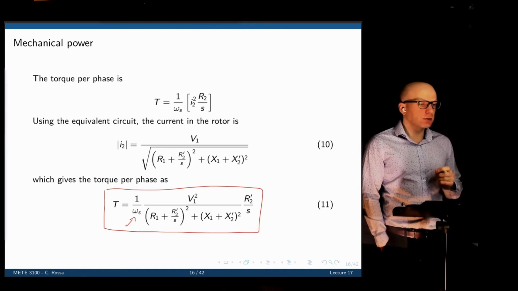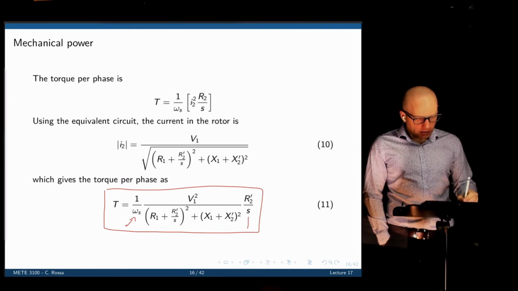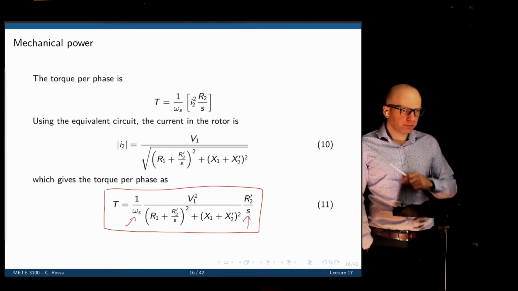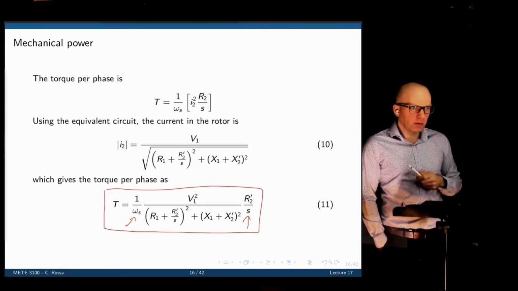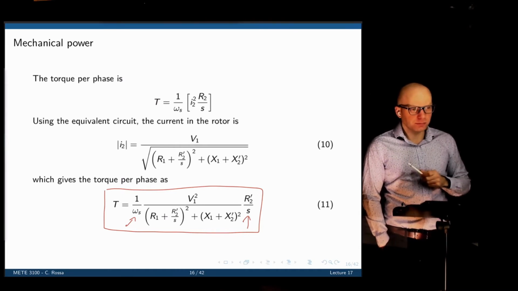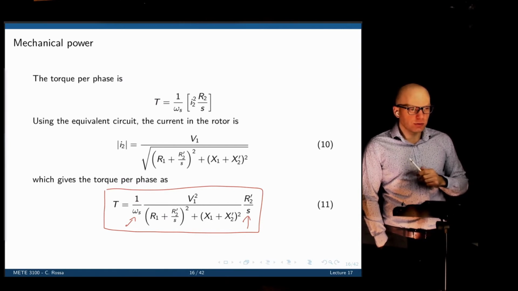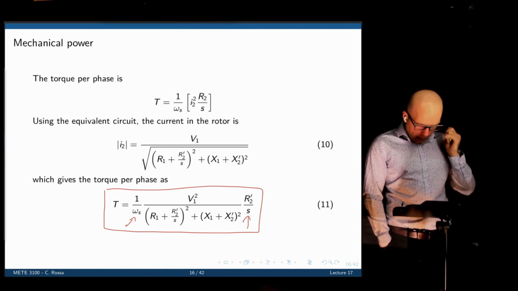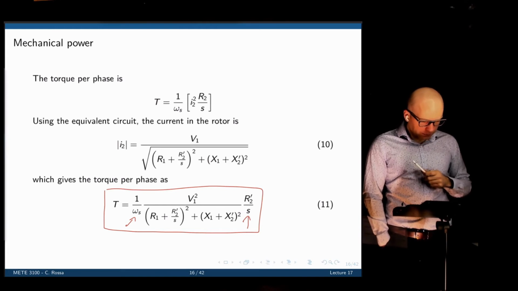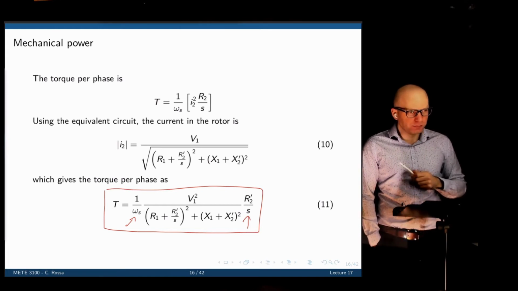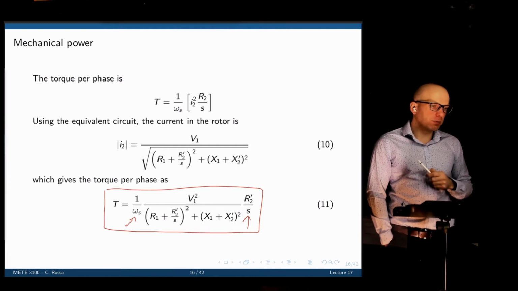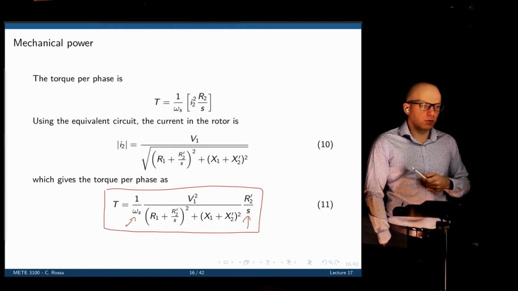The torque depends on the speed, and the torque depends on the slip factor. Okay, so this equation will only hold, of course, when the slip factor is not 0. If they rotate at the same speed, then this equation doesn't hold.